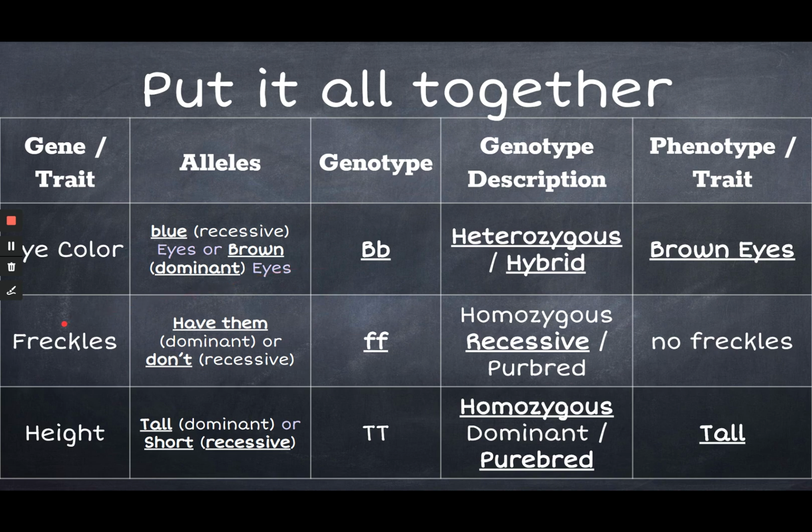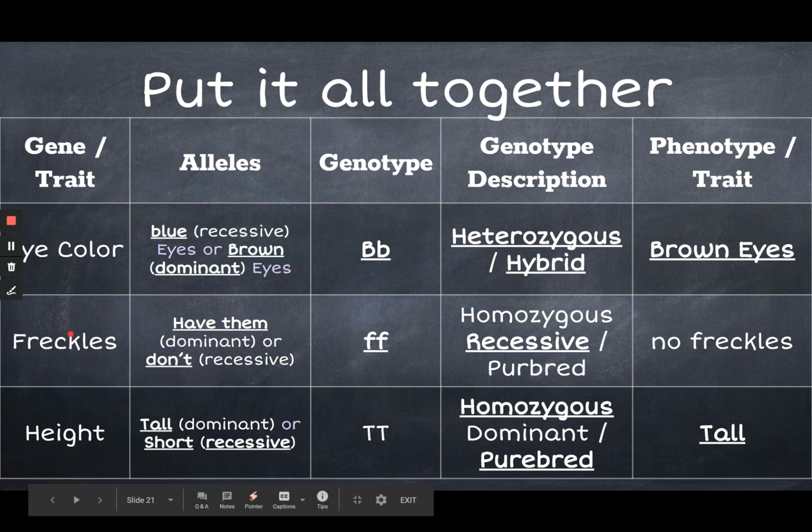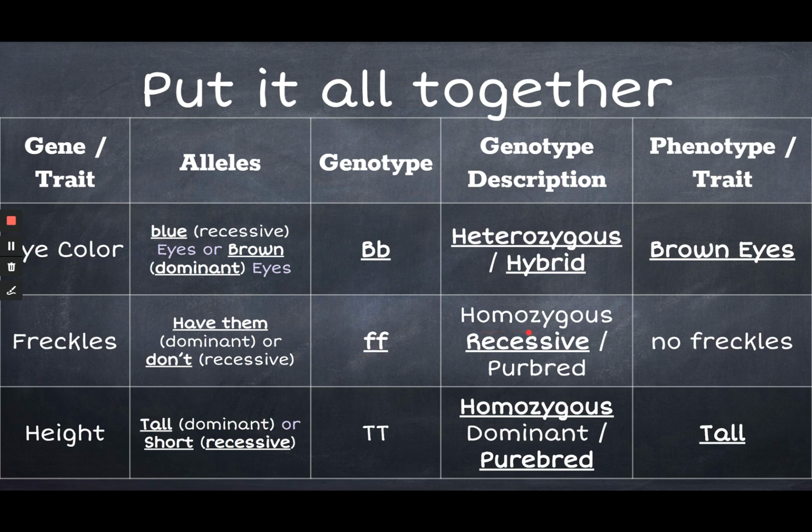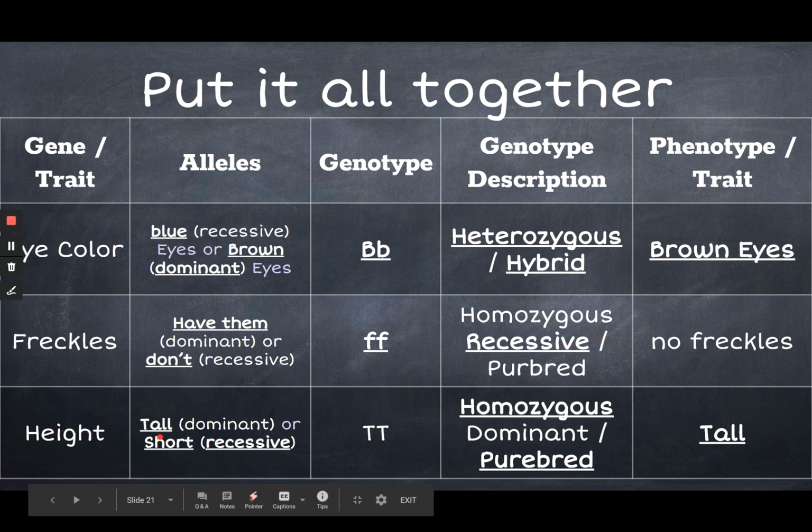Okay? We look at our other traits too, right? Freckles here: let's say they've got two recessive alleles, so they're not going to have freckles. Let's say tall is dominant and short is recessive, but they have two dominant alleles. Again, because they're both dominant, they're definitely going to show that dominant trait.